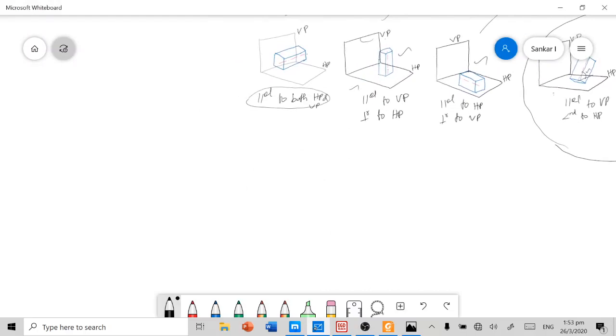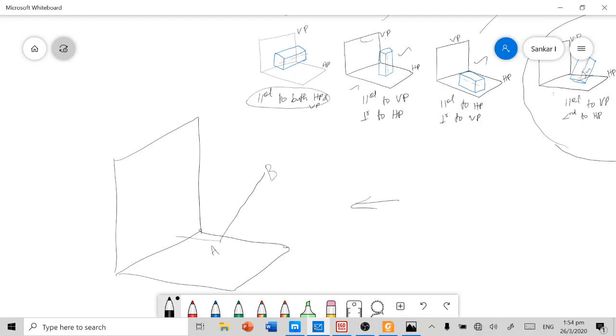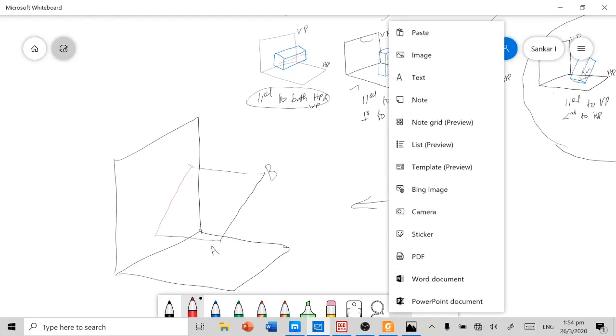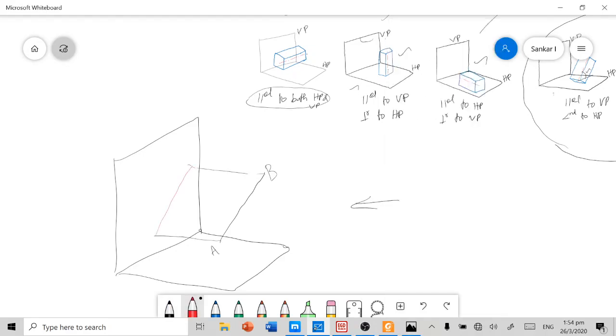For example, if you want to project a straight line placed in the first quadrant, and the line is parallel to VP and inclined to HP, maybe the line AB with a definite length, when you look at it from the front, the front view will be obtained in the VP screen and the top view will be obtained in the HP screen.